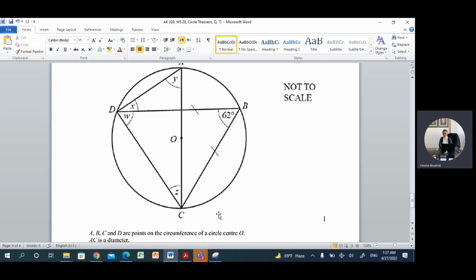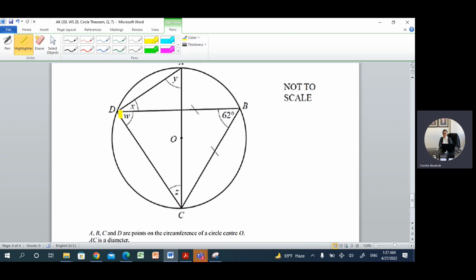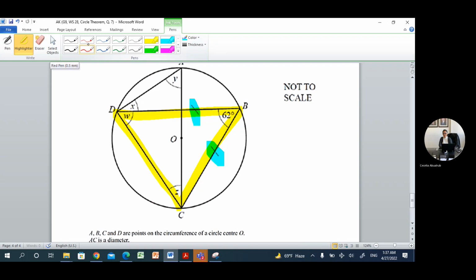Okay, we will start first by this triangle, BCD, which is isosceles. Accordingly, if this angle is 62, then these two angles are going to be, okay, let me start with this color here.